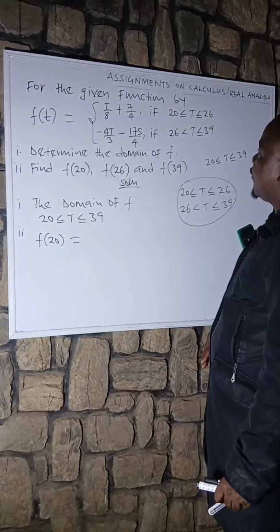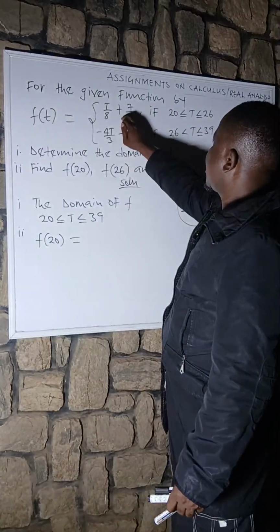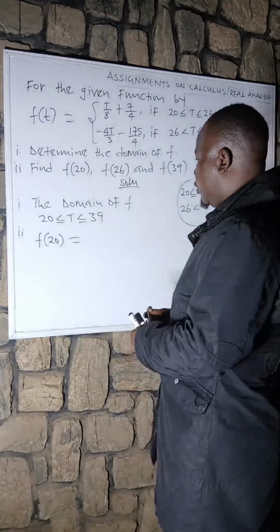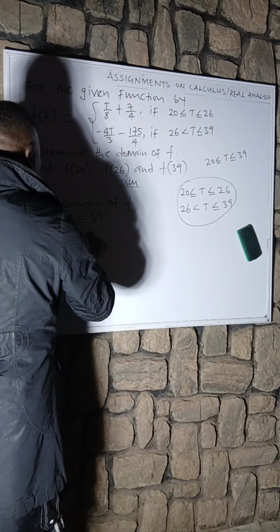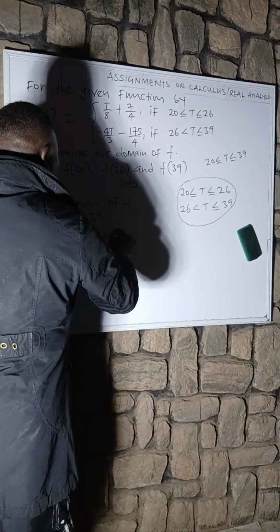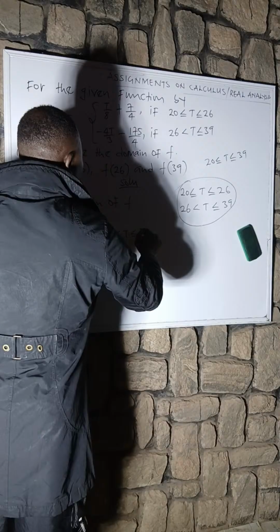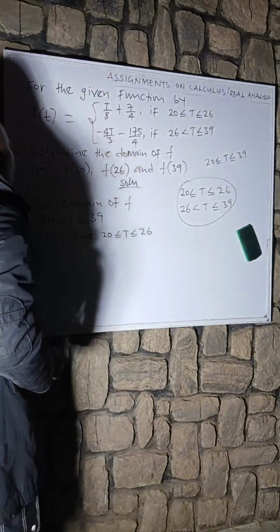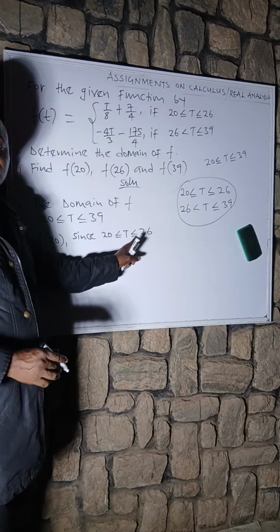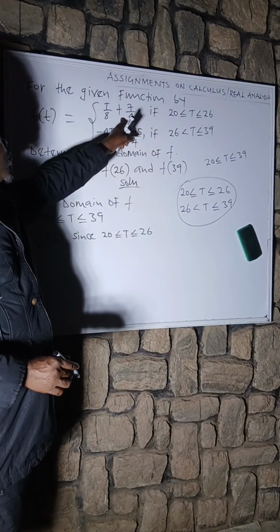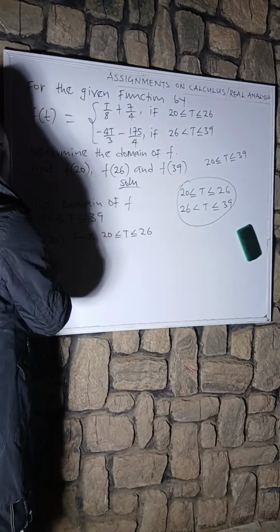So the function we are going to use is this function. So we now say, since 20 is less than t less than or equal to 26, this 20 is still in between, true or false? So we are going to use this function because of what? 20. So our f of what?